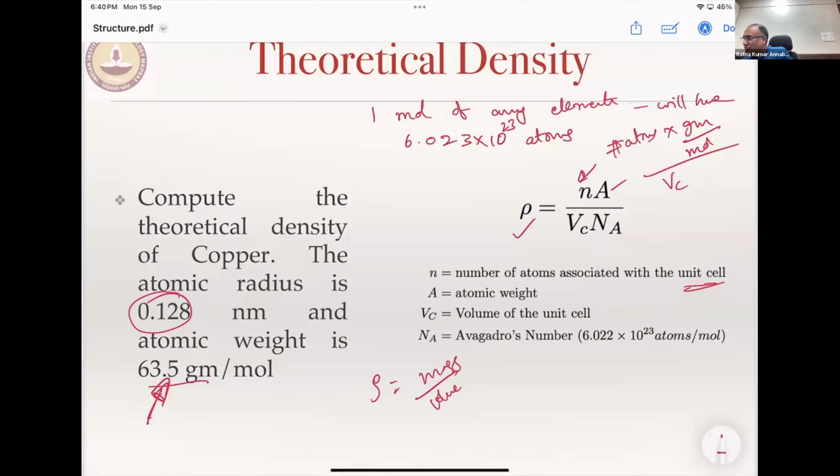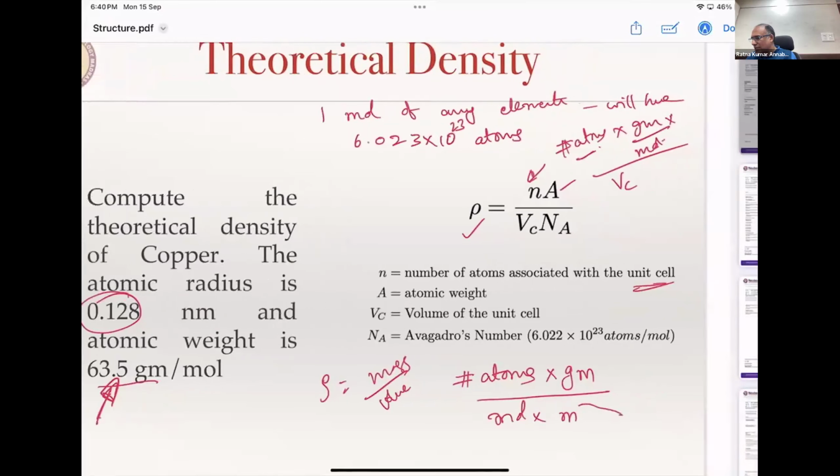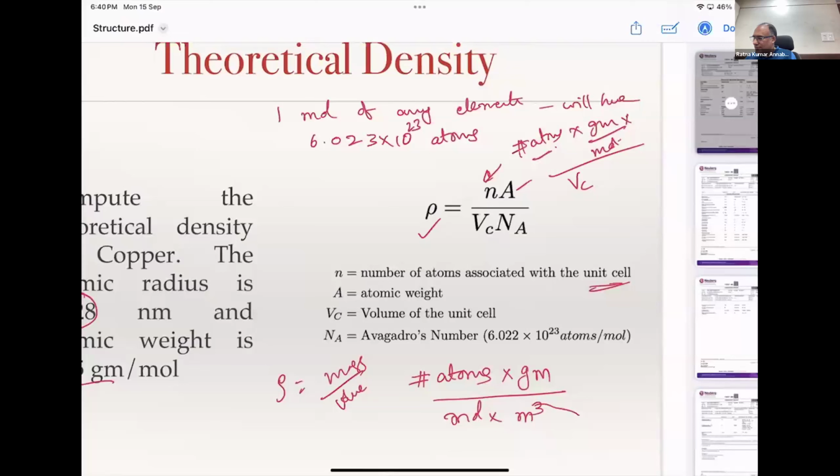What you need to find out is the mass of the atoms. You have the number of atoms and the atomic mass, so you divide by how many atoms are in 1 mole, 6.023 into 10 power 23.